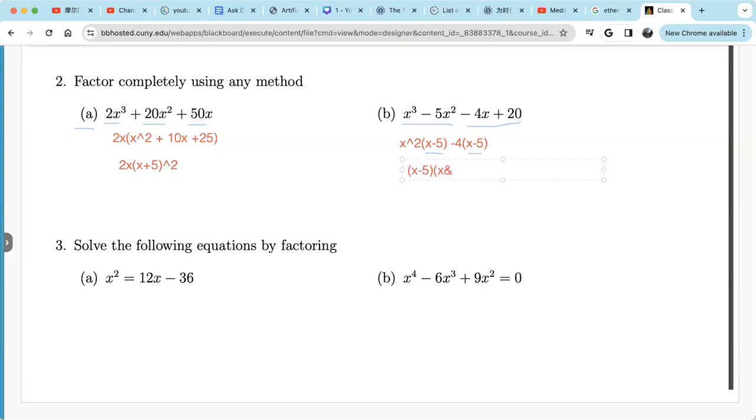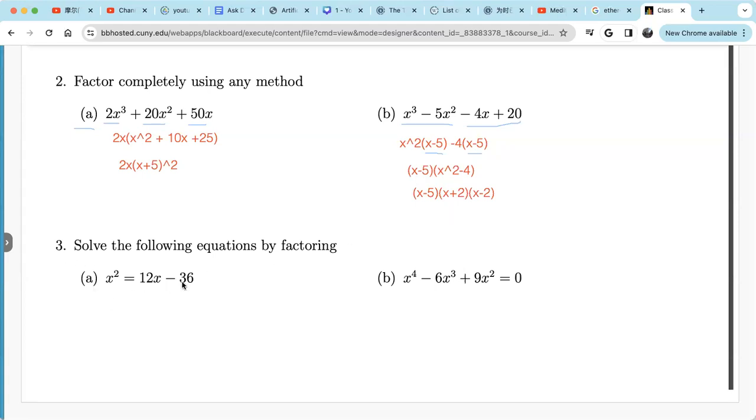Then we have x squared minus 4. But x squared minus 4 is a difference of 2 squares, because 4 is 2 squared. So we can keep factoring that. We have x minus 5 times x plus 2 times x minus 2. So 3 linear factors and cannot be factored any further.